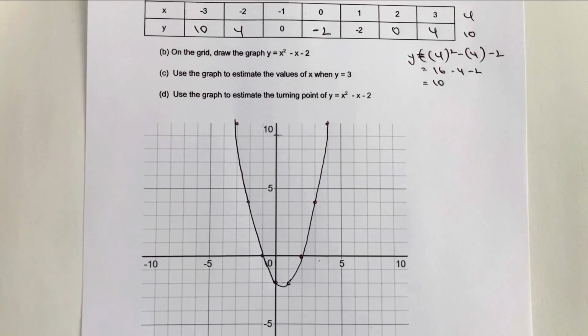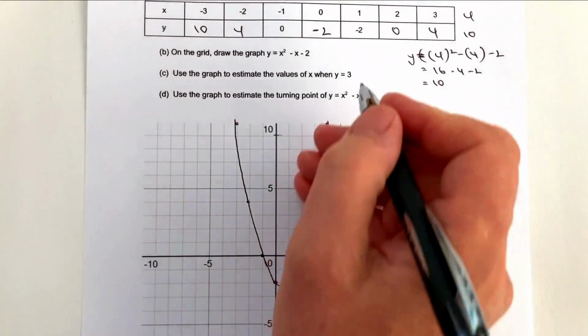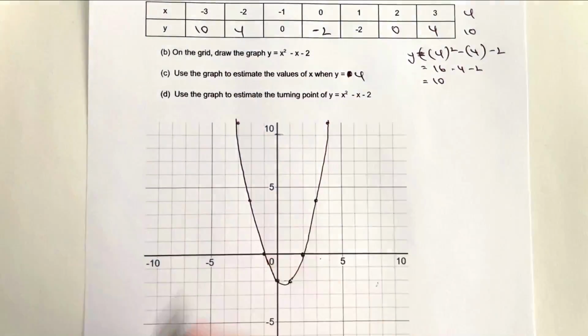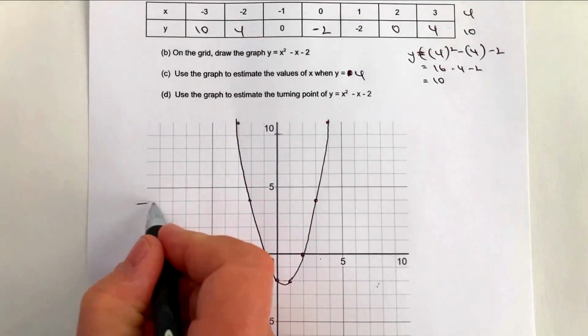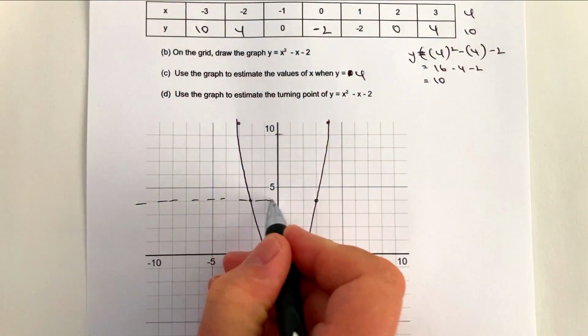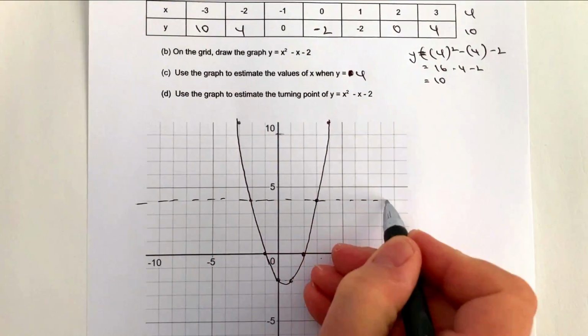Okay, so the first thing is use the graph to estimate the value of x when y, now actually on my copy, it's when y equals 4. I'm so sorry about that. I will change that and make sure that you've got that. So when y equals 4, all we're going to do is draw the line across where y equals 4.